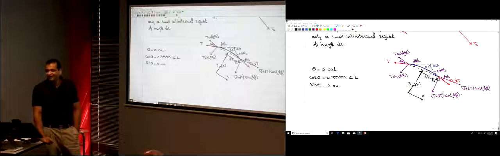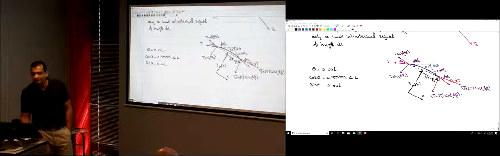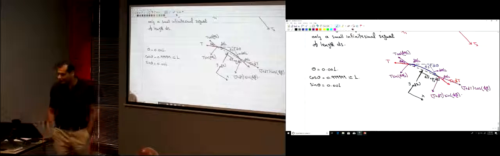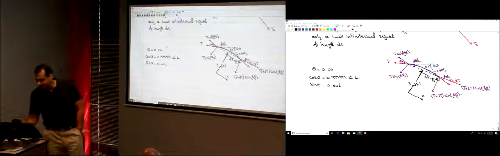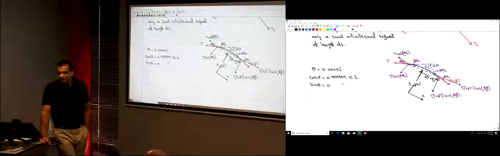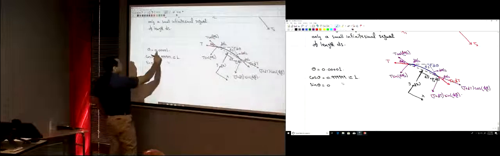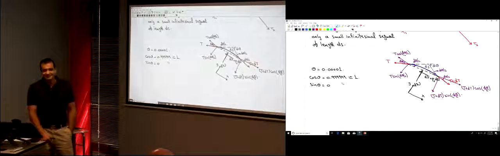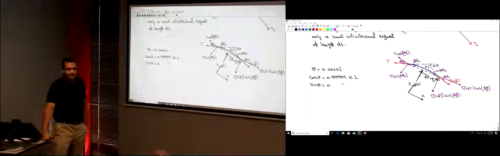What will happen is sine theta will be so close to the angle theta itself. Let's try a smaller angle, 0.0001. How much is sine theta? You should get almost the same number as the angle.